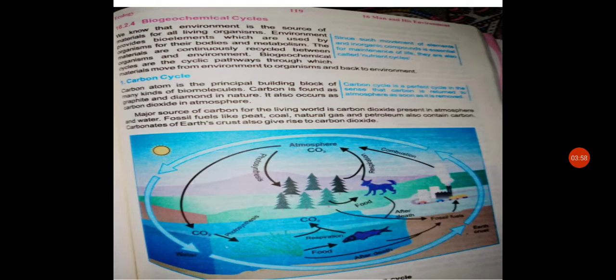The major sources of carbon for the living world are carbon dioxide present in the atmosphere and water. Fossil fuels like peat, coal, natural gas, and petroleum also contain carbon. Carbonates of the Earth's crust also give rise to carbon dioxide.